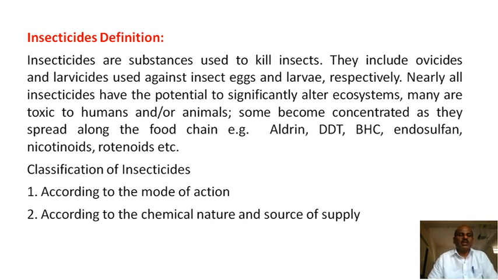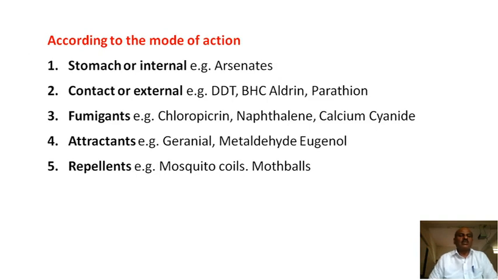Remember, insecticides are classified according to their mode of action, their chemical nature and source of supply, as well as by their effect, where the effect occurs, on the inner side or the outer side of the body. Stomach poisons act on the internal side. Contact insecticides act on the external side.